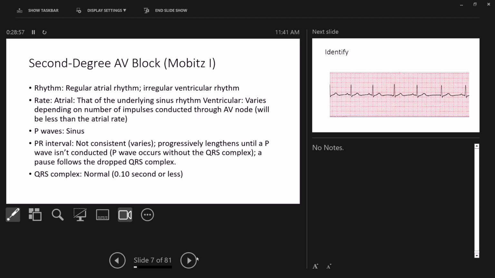With third degree block, what's the hallmark as far as your PR interval for third degree? It's very variable. Yeah. What else? Yeah, it's disconnected. The atria is up here doing its thing, sending out P waves.